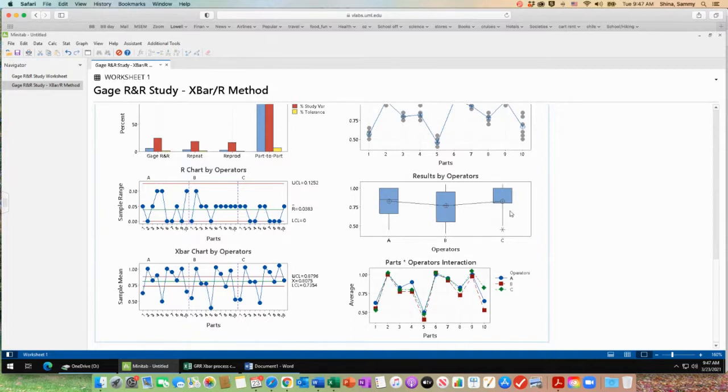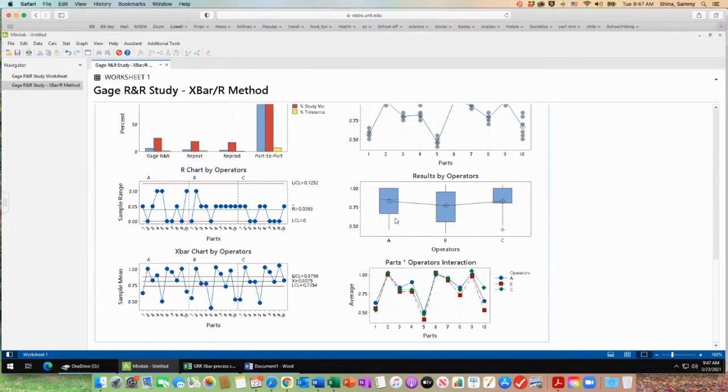So if we look at the 3 operators, operator B is the best operator because its center line is right in the center of the min and the max, and the 25 and 75 percentiles are fairly centralized in between the min and the max. So we can draw a normal curve across, and it looks pretty good.